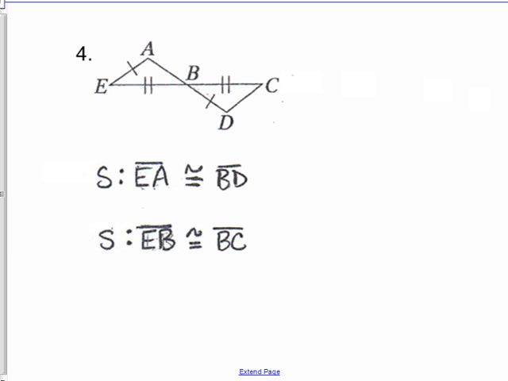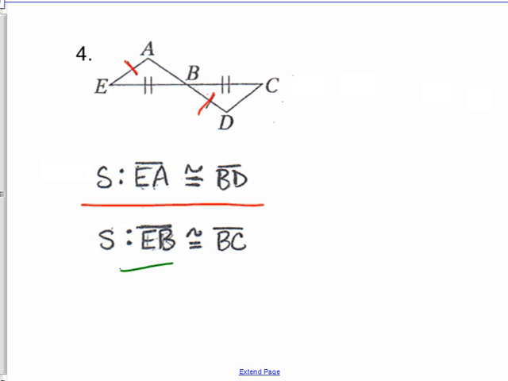Excuse me. Take a look at this next one. Okay, well, let's start at the beginning. We've got two sides. EA is congruent to BD. Okay, that looks good.